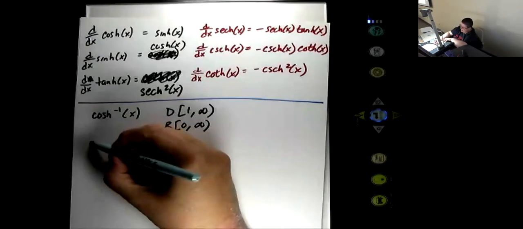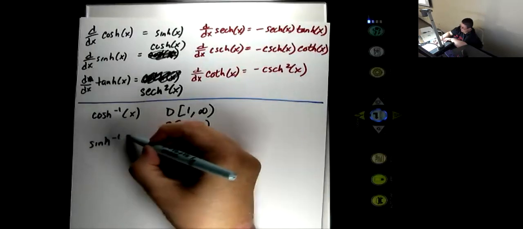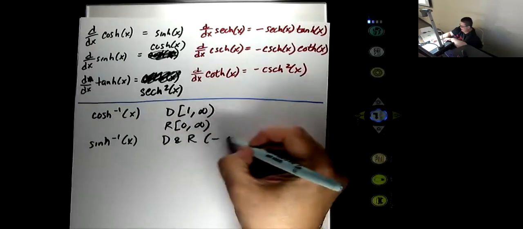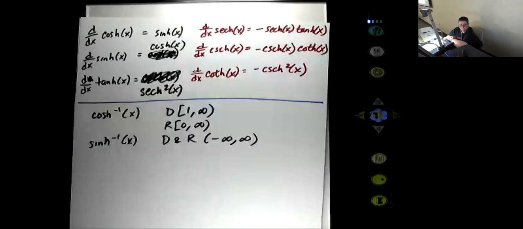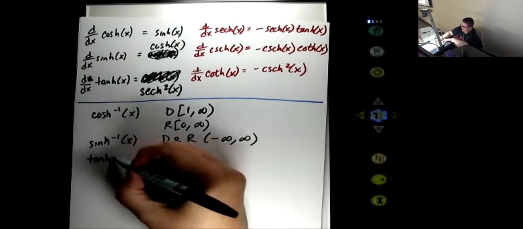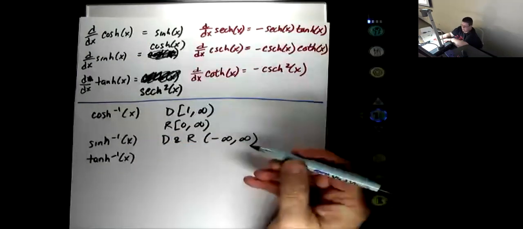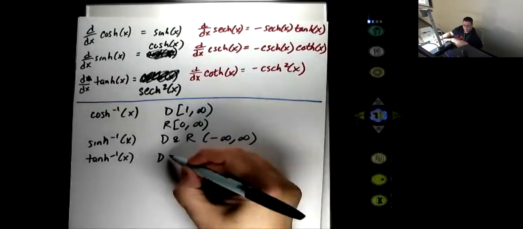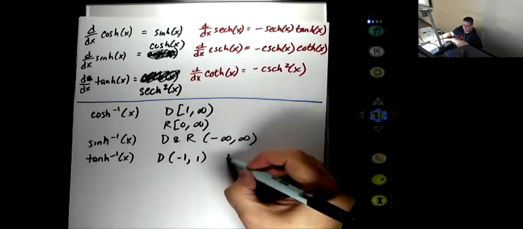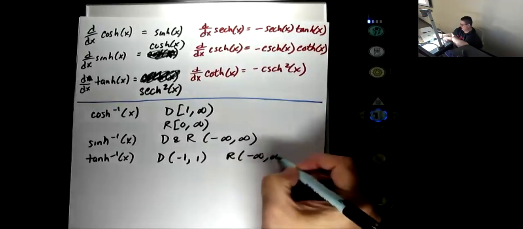Hyperbolic sine didn't have any restrictions on its inverse. Both domain and range were negative infinity to infinity. We look at tanh inverse. The domain here is negative 1 to 1, and the range here is negative infinity to infinity.